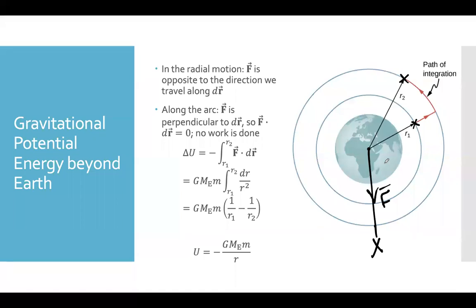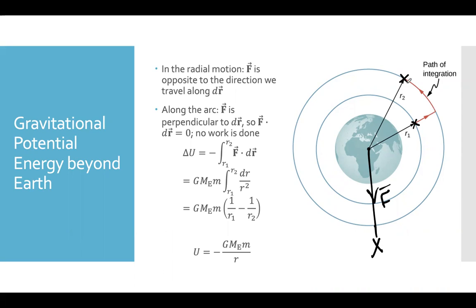Now, when we're looking along this arc, from that R1 point to R2, we'll have to travel along this arc here, and that motion is perpendicular to our force. So dr is now perpendicular to that force, because again, force is radial.